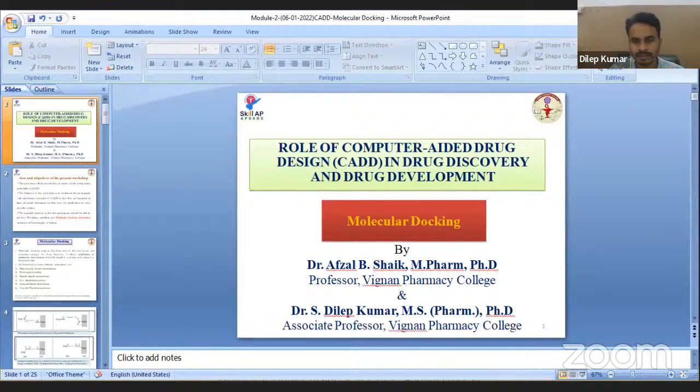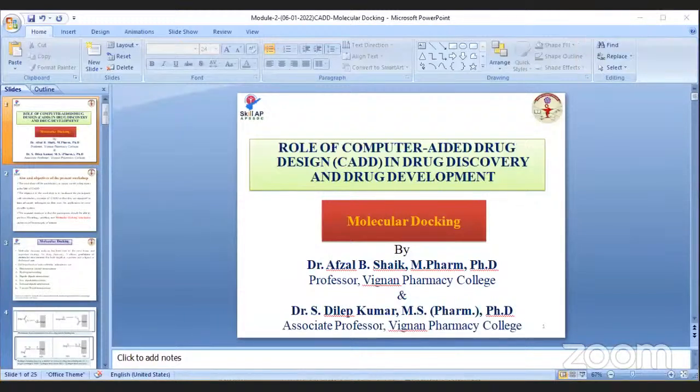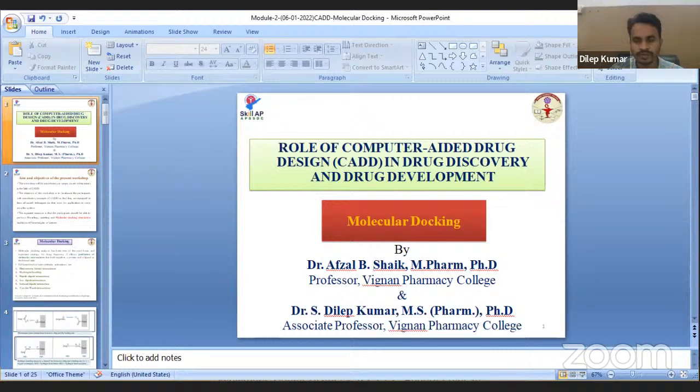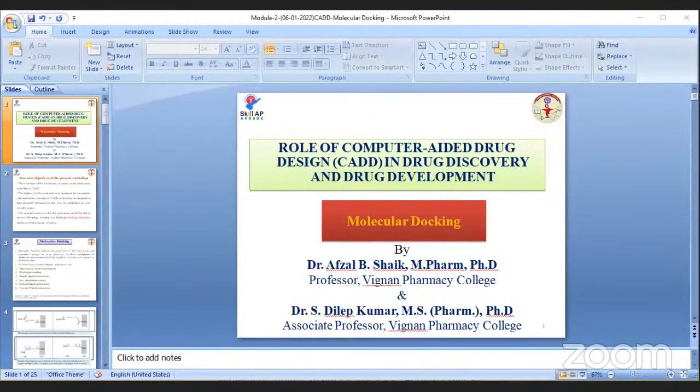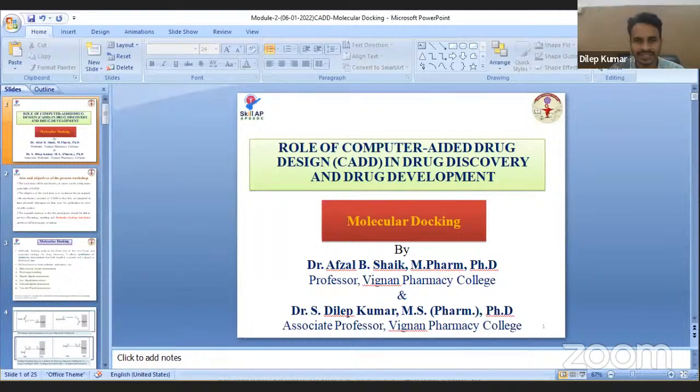And this is another important area where medicinal chemists routinely use this technique in order to predict how effective the designed molecule or the lead molecule is. So molecular docking analysis is one of the most basic and important strategies applied in drug discovery.